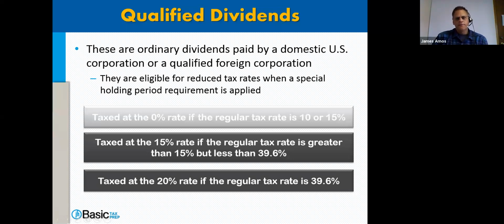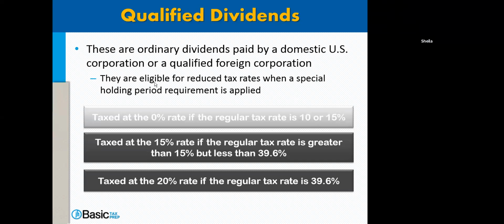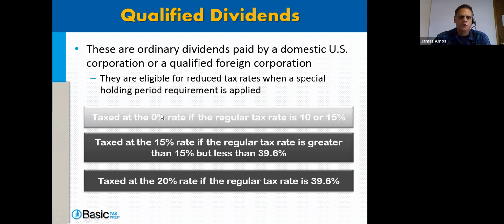So let's say I'm doing a tax return for somebody that is normally in the 15% tax rate, but they have some qualified dividends. How much tax are they going to pay on the qualified dividends? Zero. Because it's 0% if their regular tax rate is 15%.